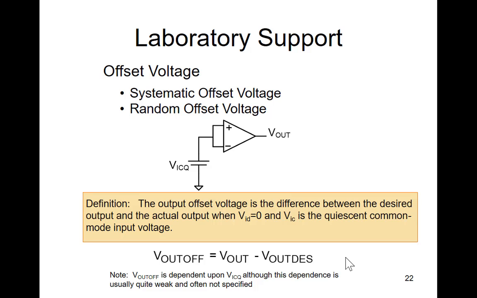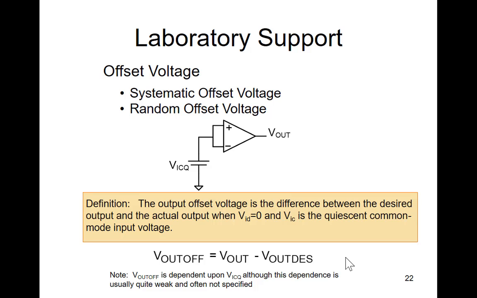The output offset voltage, by definition, is a difference between, and this is a different definition than most people use, the desired output and actual output when the differential input is 0. And V in common is the quiescent common mode input voltage.